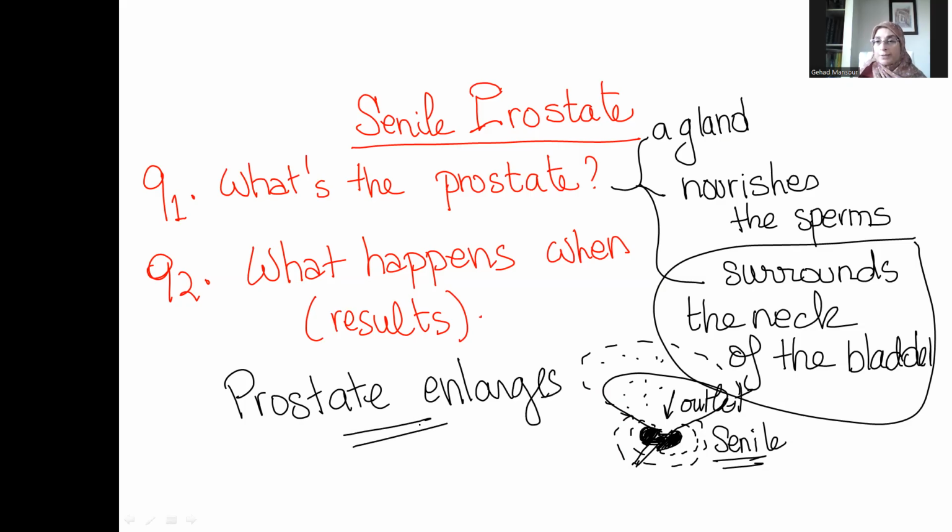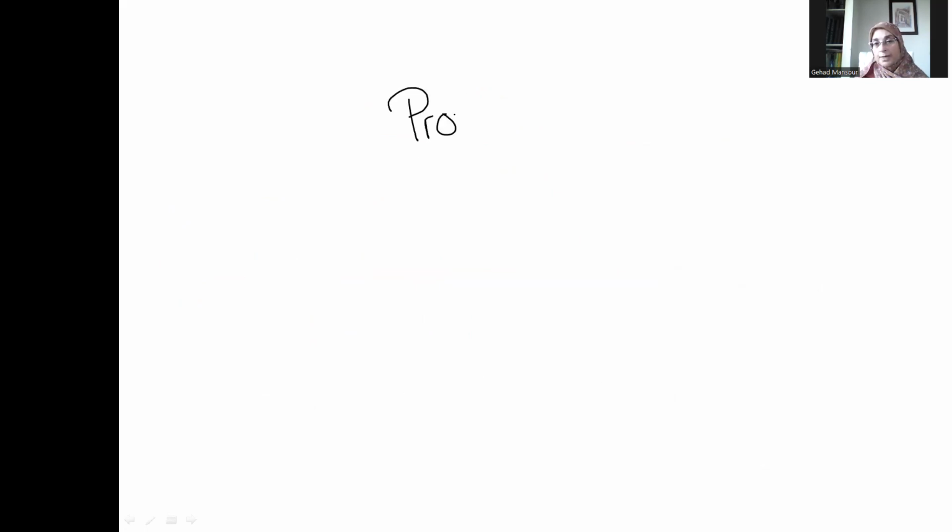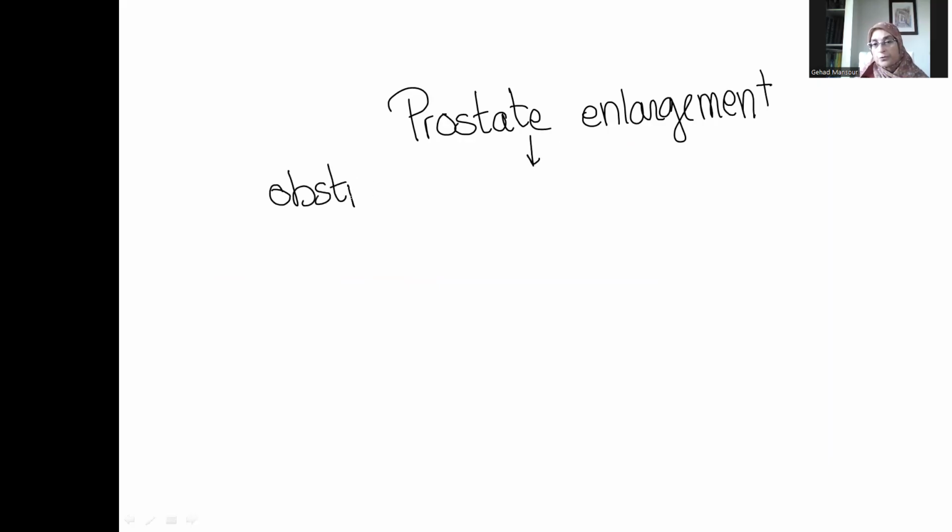And in order to answer that question in an organized manner, we can open a new screen. So if you have prostate enlargement, which we call senile prostate enlargement, then there will be obstruction of the urinary bladder outlet.